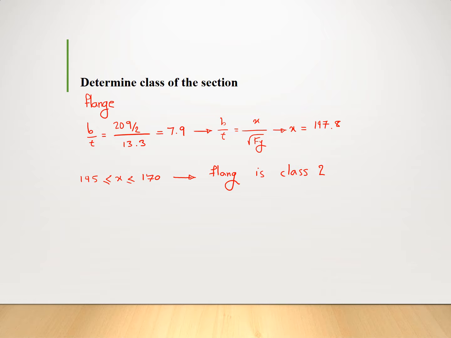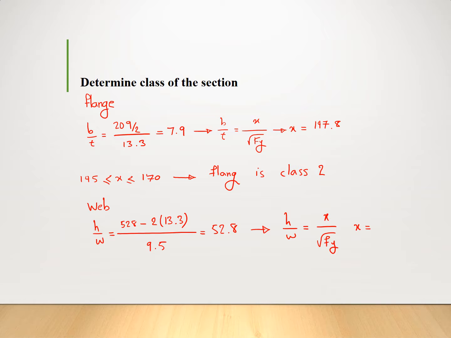Now we're going for the web. H over W, 528 minus 2 times 13.3 over 9.5, it will be 52.8, which is H over W equal to X over square root of Fy.